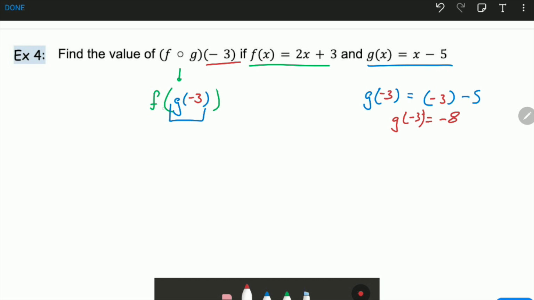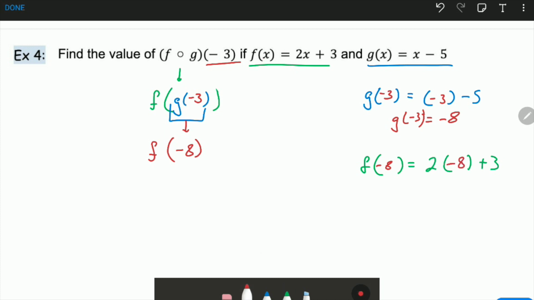And since I know that, I can now replace it in the overall goal of this problem. So now instead of finding f of g of negative 3, we're trying to find f of negative 8. So I'll go off to the side once more and find f of negative 8. And the f of x function is 2 times x plus 3, with x being negative 8.